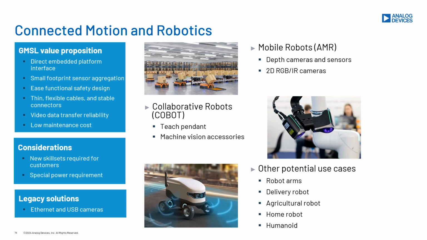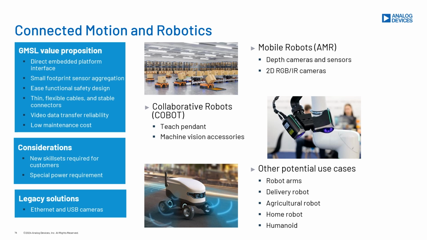For cobots, there are GMSL display parts used for the teach pendant, and there's an increasing number of industrial machine vision cameras with GMSL devices serving these robots from outside of the arm.